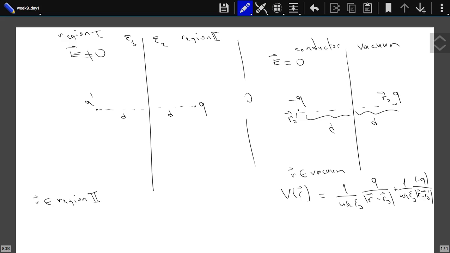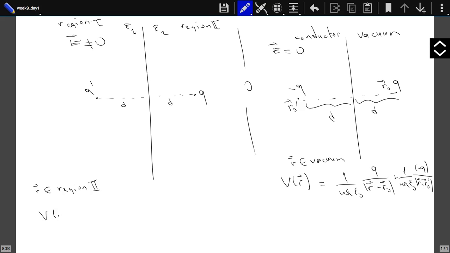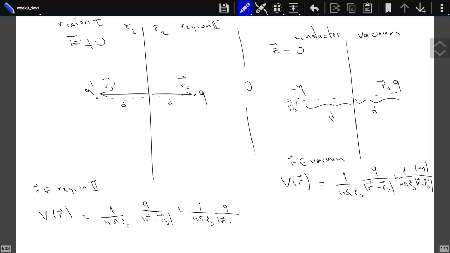The difference from the conductor is that this time, that image charge is not equal to minus Q. And V(R) is equal to 1 over 4 pi epsilon 0, Q over |R minus R0|, where this is at the point R0 and this is at the point R0 prime, plus 1 over 4 pi epsilon 0, Q prime over |R minus R0 prime|.